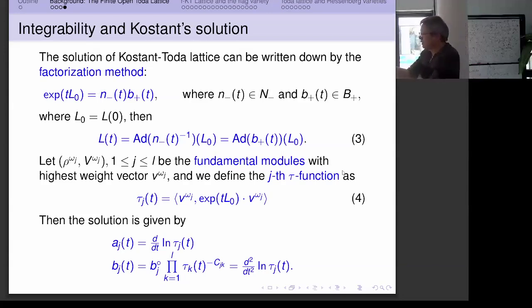Then a theorem of Kostant says that you just take the J-th principal minor, take the log of that, and then take the derivative with respect to t. That gives you the diagonal element. So you don't need to do the factorization anywhere, but the exponential you couldn't avoid.